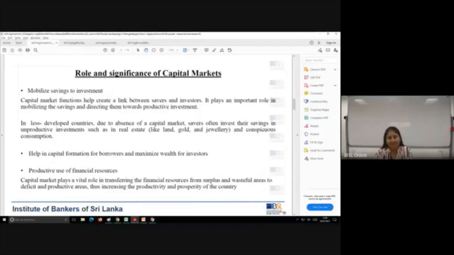Because I'm buying that, is the country producing any goods or services? No. Anyone getting employment? No. Any income level of the country increasing? No. I'm just increasing the import of the country, increasing the foreign exchange outflow for the country. I'm simply doing that. But if there is a capital market which earns a good return for those investors, they would mobilize their savings towards that capital market.